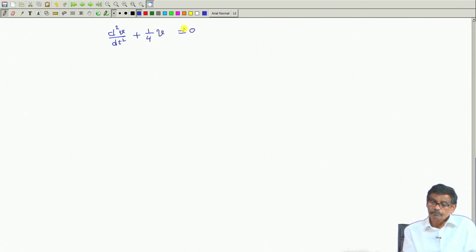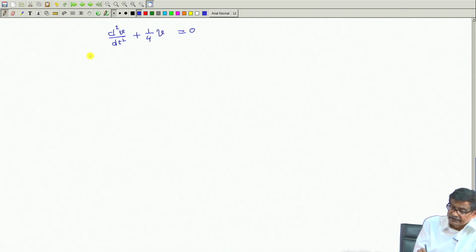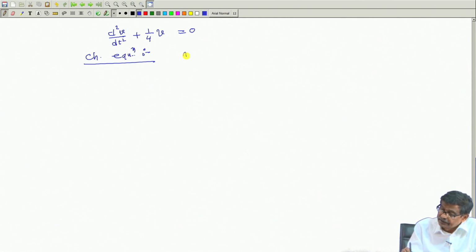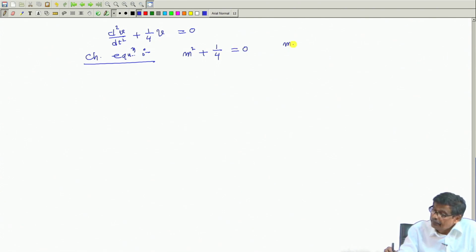Okay. Then what I have to do? I have to form the characteristic equation. What is the characteristic equation? M square plus 1 by 4 is equal to 0. What will be the roots M1, M2?